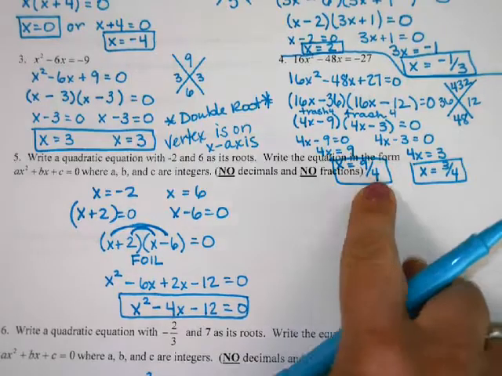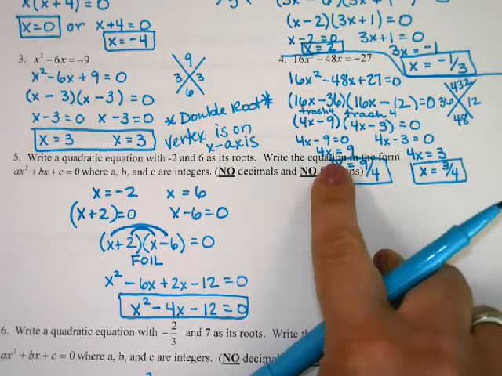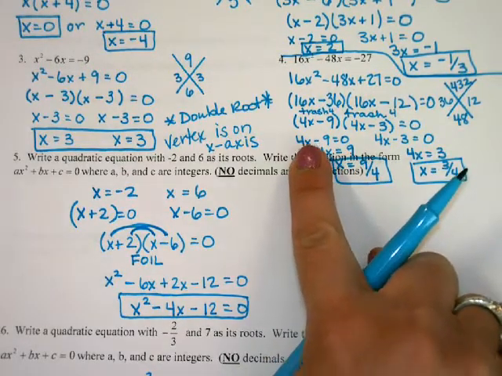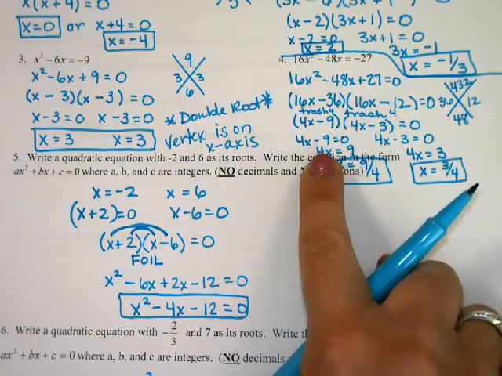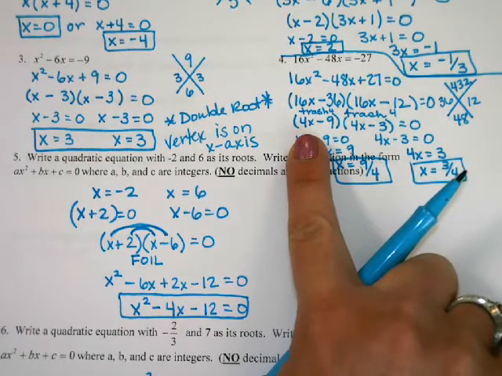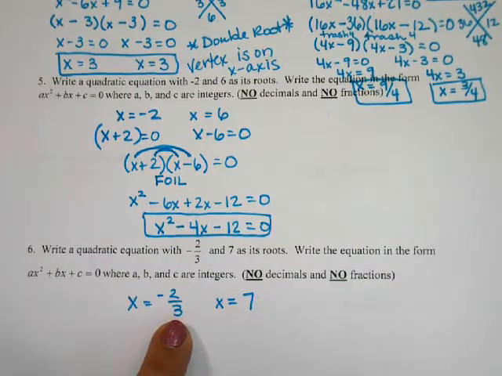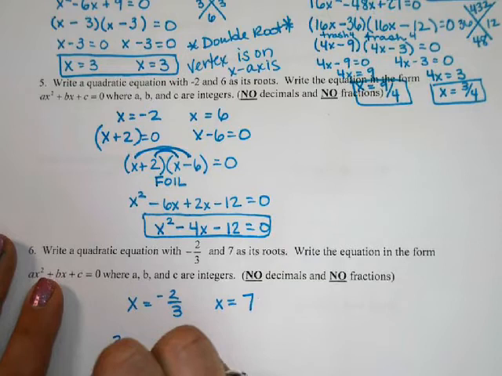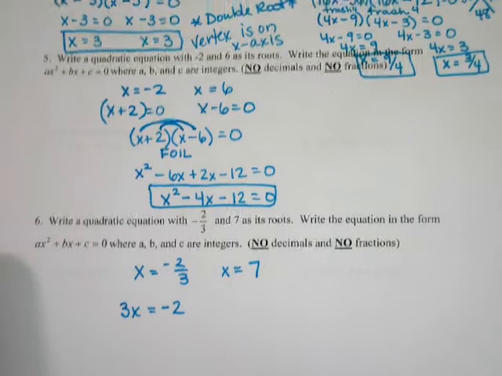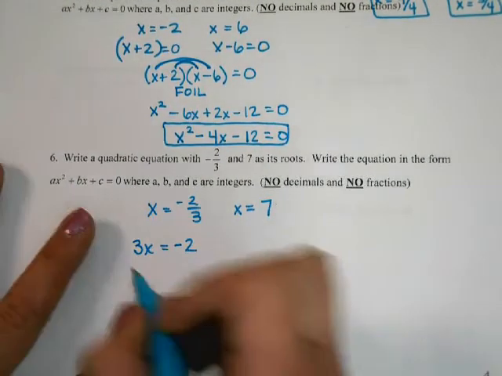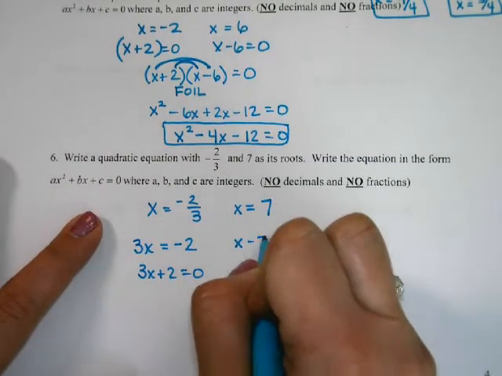But let's look at this one. I got a fraction over here. Where was that 4 from? What happened with that 4? We divided it, so it was the coefficient of the x, right? Okay, so if I have a 3 over here, that's really 3x equals negative 2. And then it's 3x plus 2. Perfect. 3x plus 2 equals 0. And x minus 7.